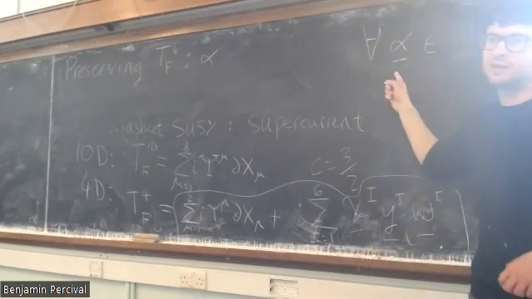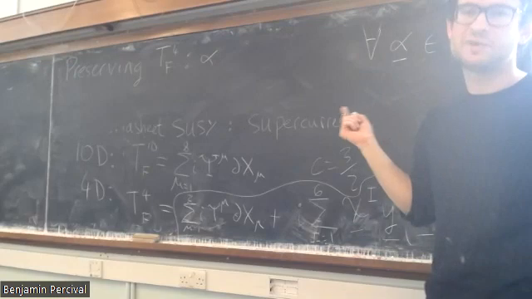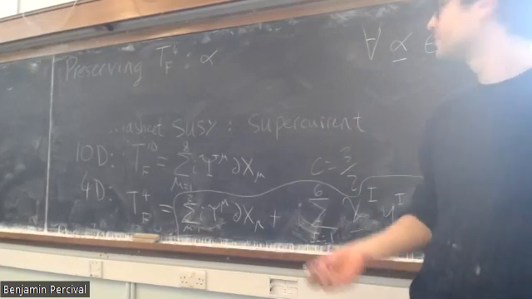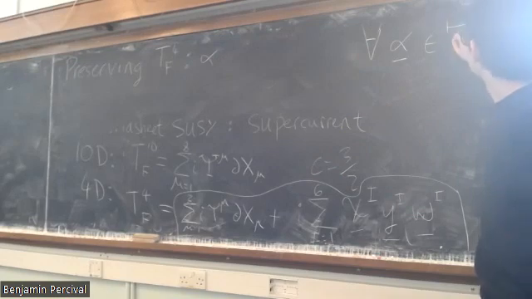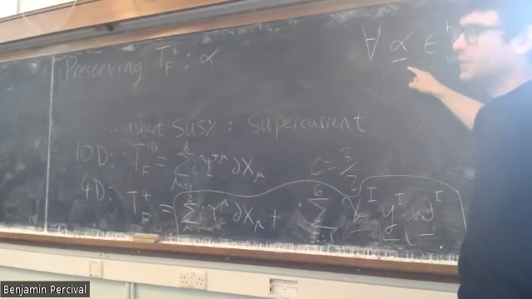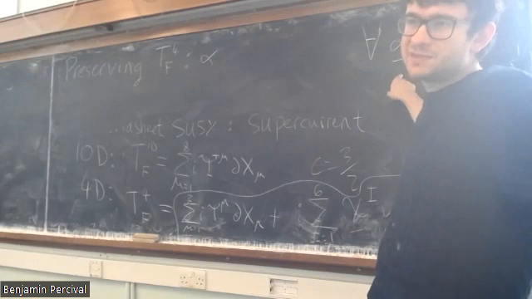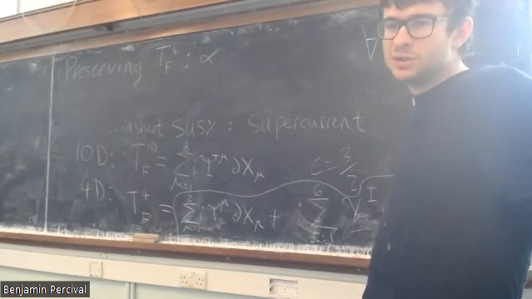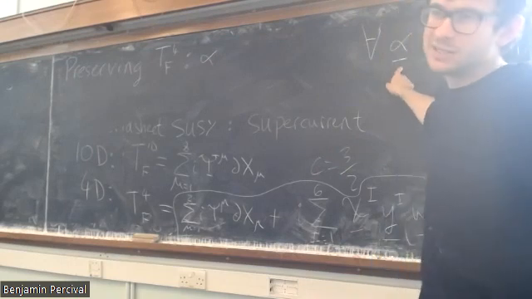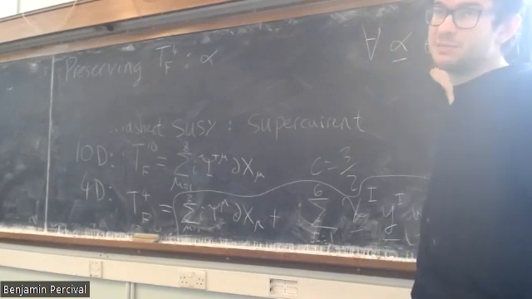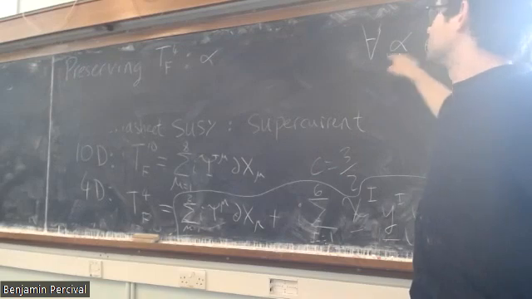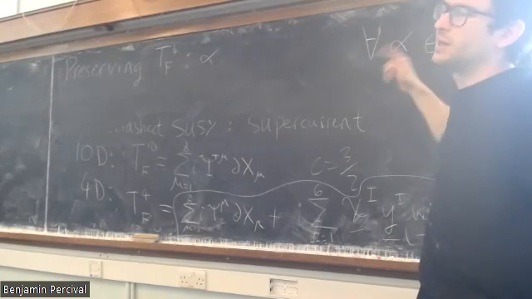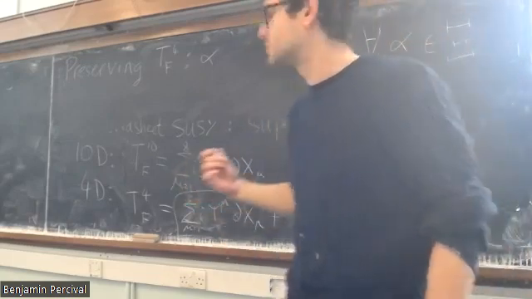Alpha, if you remember, is what I generally use for a sector, a linear combination of basis vectors. If you preserve it for the basis vectors, you will preserve it for the whole vector space. So it's equivalent to writing for all vectors in the basis, but you could also write for all sectors in the whole vector space. It doesn't matter. It's just a choice.